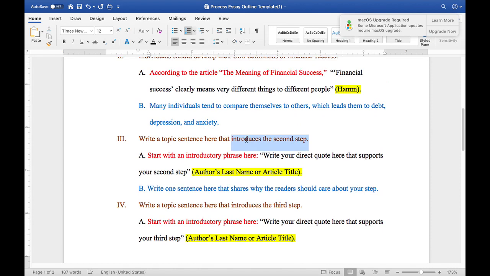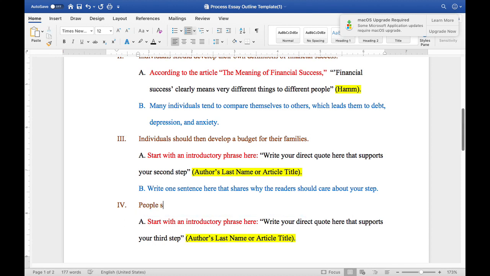So like right here, I would say individuals should then develop a budget for their family. Then I'm going to find a sentence that backs that up. And then I'm going to put an example or an explanation of why that's so important to the readers. And then here I'd put my 3rd reason.